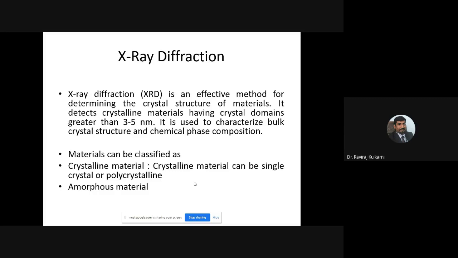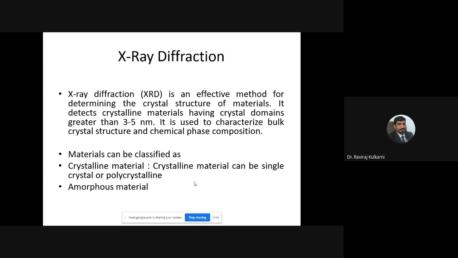Do you know the electromagnetic spectrum, where X-ray lies? What is the wavelength range of the typical visible spectrum? Anyone?